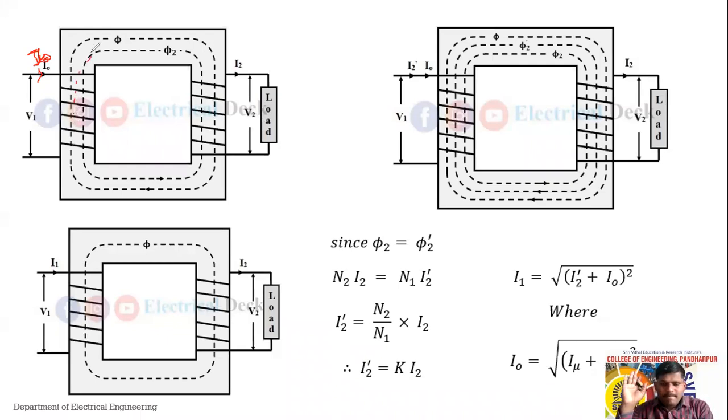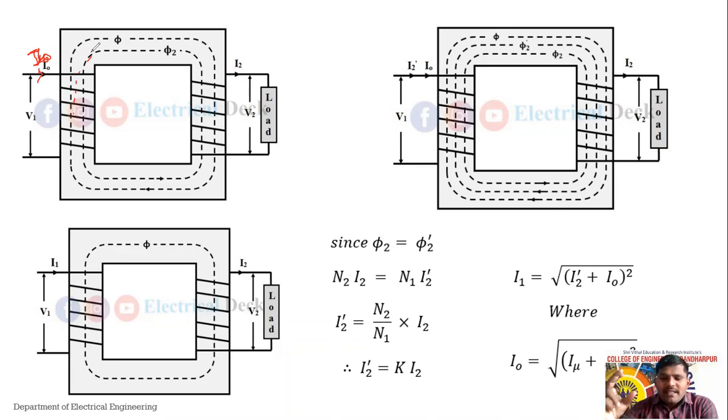The no load current will set up some flux. This flux will link to the primary as well as the secondary. Some EMF will be induced in the primary, and in the secondary side also some EMF will be induced, but there is an open circuit so no current flows from the secondary side. Right, that is the no load condition.